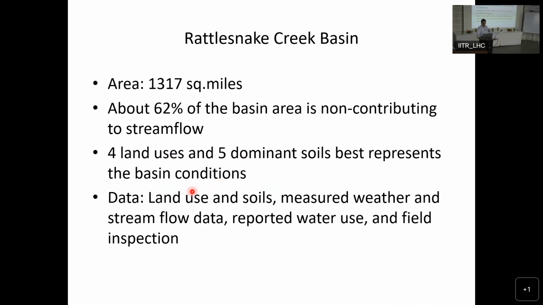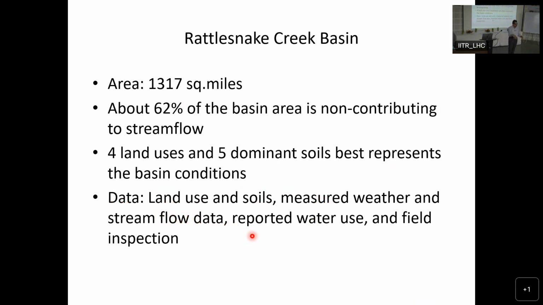The data that we have for this watershed, which is going to be very important, is an idea of the land use and the soils in that basin. We have measured weather. We have stream flow data at some locations. We have something called reported water use. This basin is also heavily agriculture dominated.